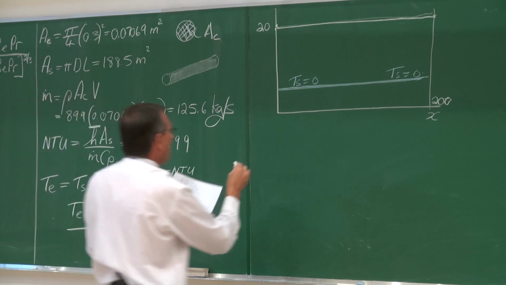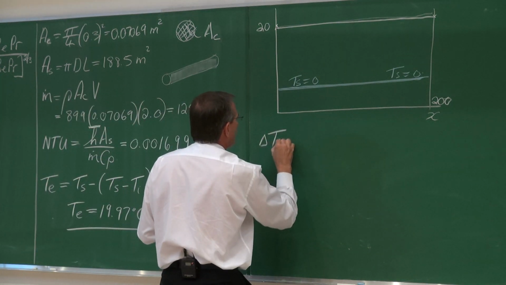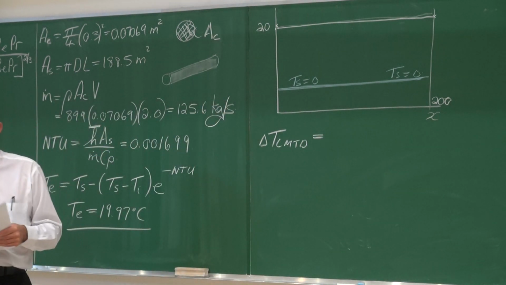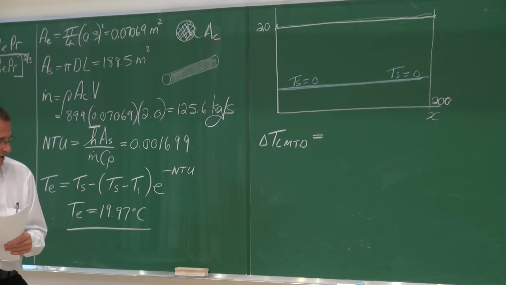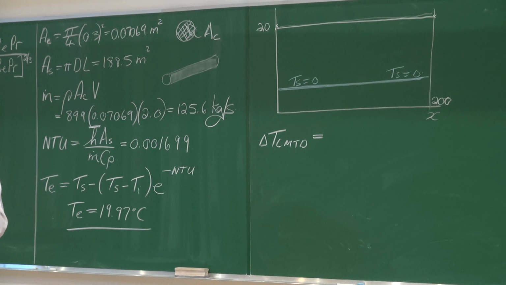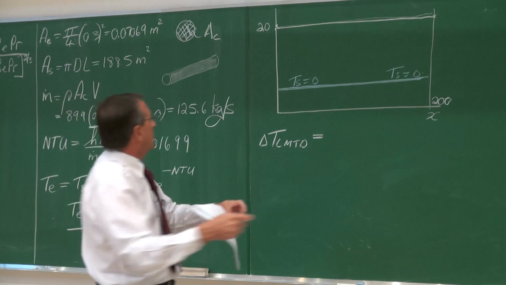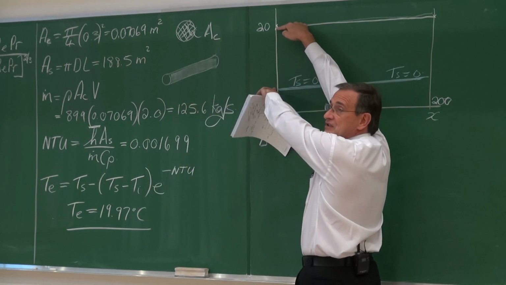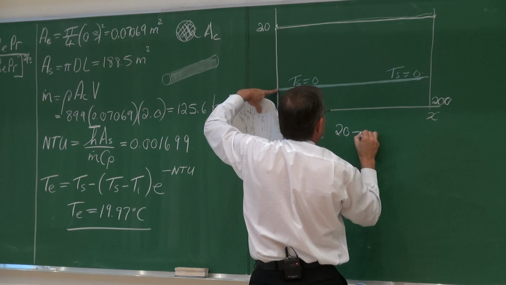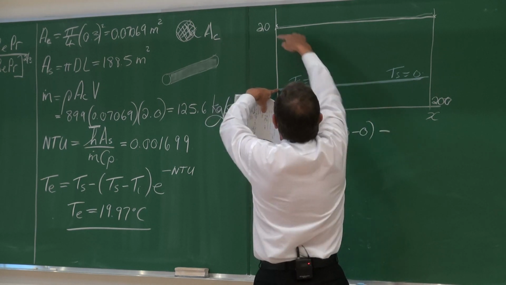Okay, what is our LMTD going to be? Okay, remember, the LMTD is something new. Sometimes students find it difficult interpreting the equation and using it, but it's very simple. This temperature difference is 20 minus 0, okay?